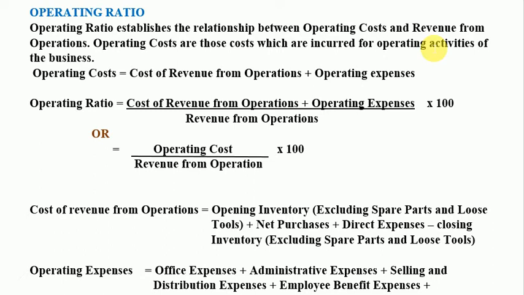Now let us see what operating cost is. Operating cost in simple terms is equal to cost of revenue from operations plus operating expenses. We already know cost of revenue from operations from the previous formula, that is gross profit ratio. When you add operating expenses to cost of revenue from operations, it is equal to operating cost.